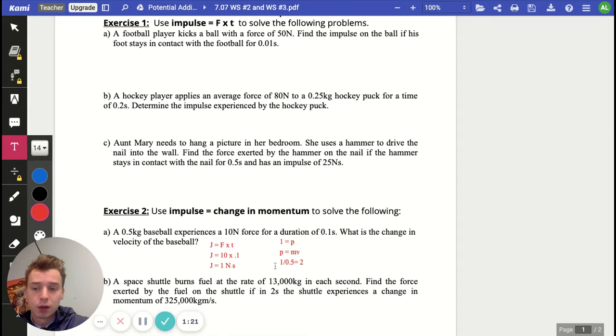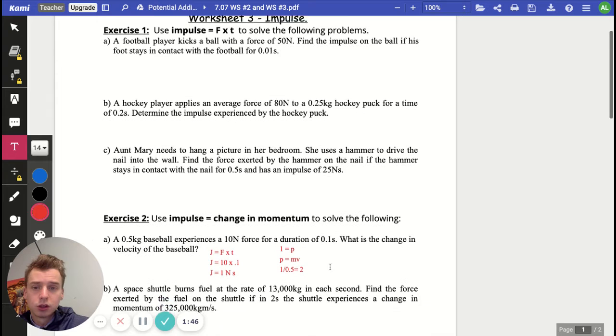Momentum divided by your mass will tell you how much the velocity changed. So in this case, 1, which was your change in the momentum, over your mass of 0.5, 1 divided by 0.5 should give you 2 meters per second, and that's how much your velocity changed. It went up 2 meters per second.